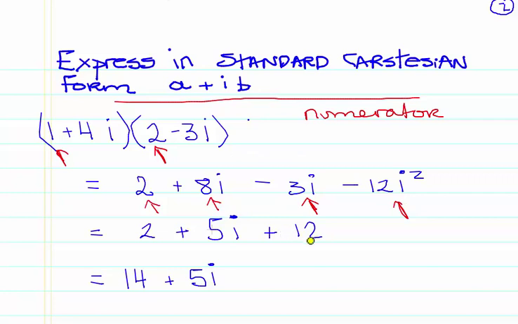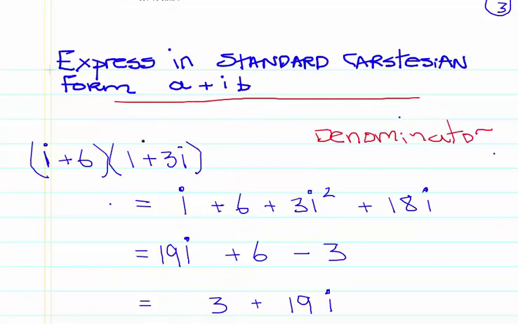Minus 12i squared is actually plus 12. When we add 8i and minus 3i, we get 5i. So 2 plus 5i plus 12 gives us the numerator. We can simplify it down as 14 plus 5i.